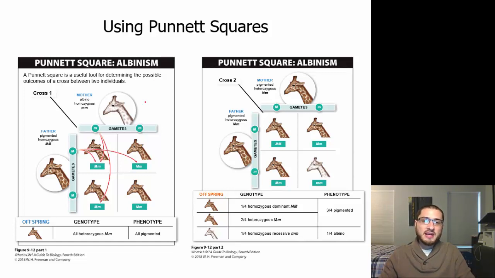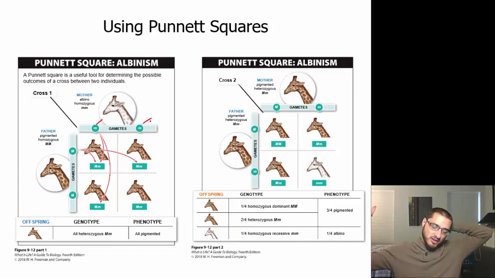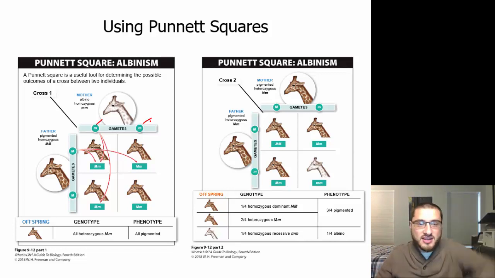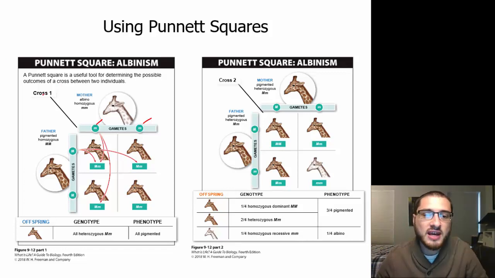So albinism is a recessive trait. So this albino giraffe is lowercase m, and the letters don't really matter. It's just a representation. So we could say letter A, letter M. In this example, they used to like to use M's.